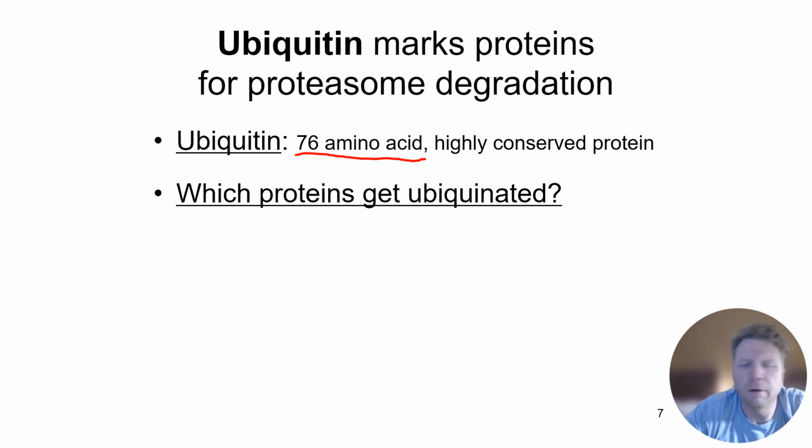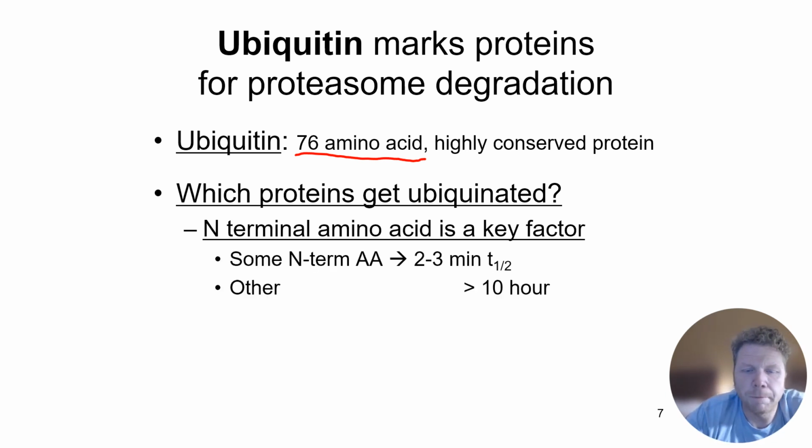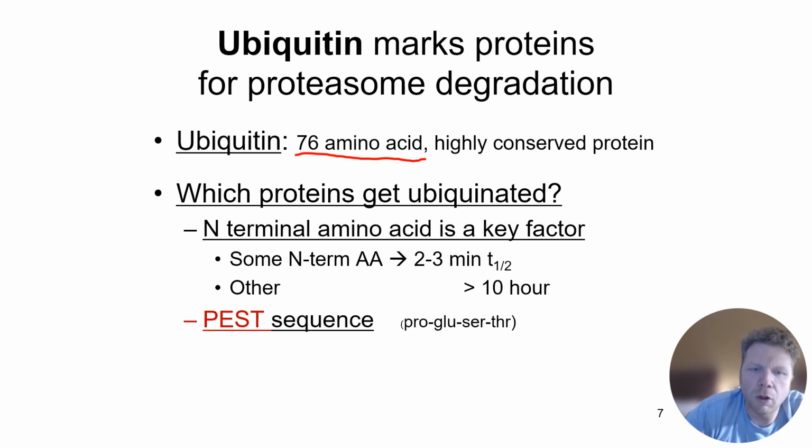A great question then is which proteins actually get ubiquitinated? Is this every protein? Is this only some proteins? We saw with lysosomal degradation, we have the KFERQ peptide. Well, when it comes to ubiquitin, we look at the polypeptide sequence of that protein, and we observe that there are some hallmarks. There are some sequences that tend to get a protein tagged more often than not.